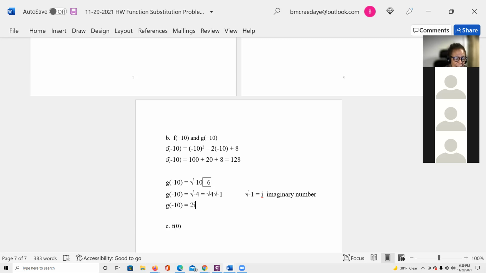So if you have a negative number, what you try to do is break it up into two parts where one has a perfect square root and the other one has a -1. And the square root of -1 by definition is i, an imaginary number. So G of -10 is 2i. Questions?